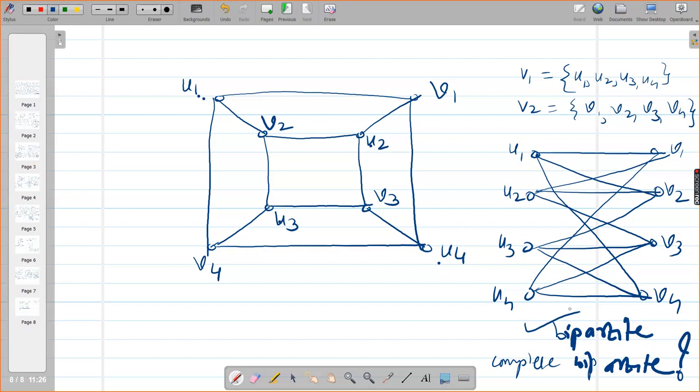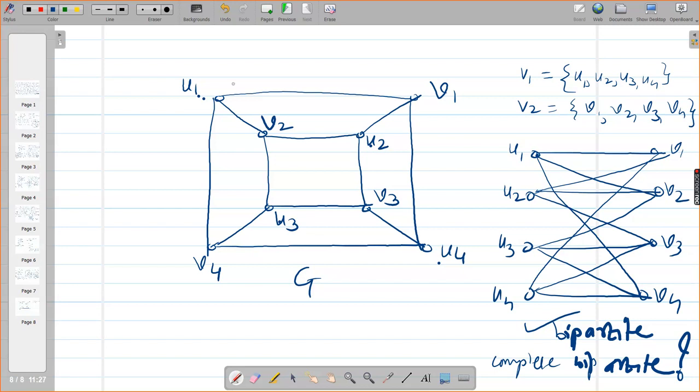No. Why? Because every edge has one end vertex in V1 and the other in V2. Every edge that is present in G has one end vertex in V1 and the other end vertex in V2. But do you find that every vertex of V1 is adjacent with every vertex of V2?